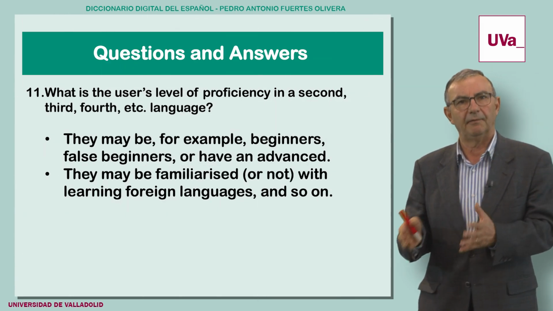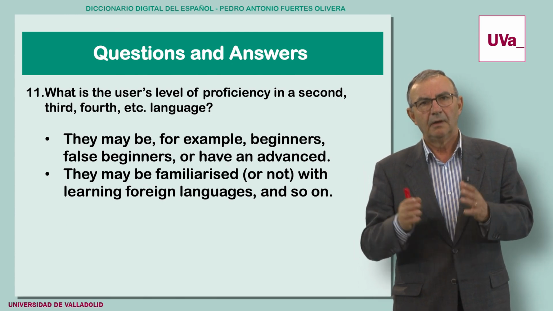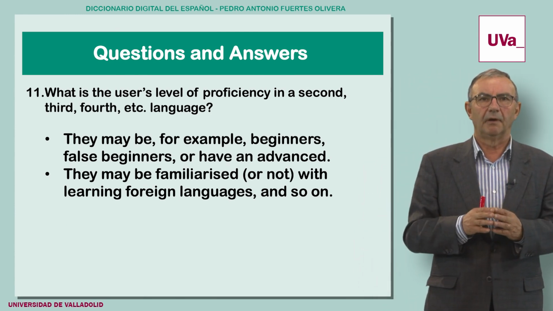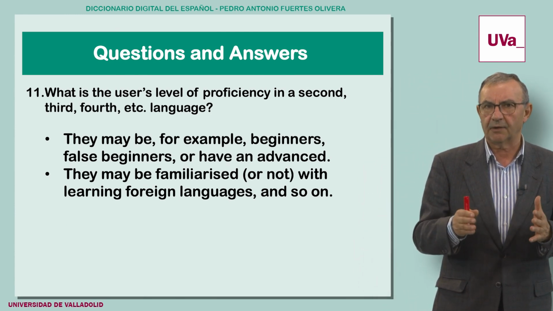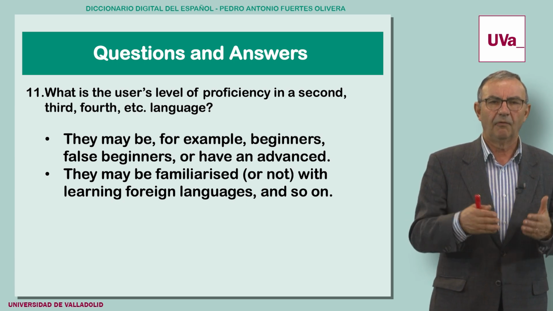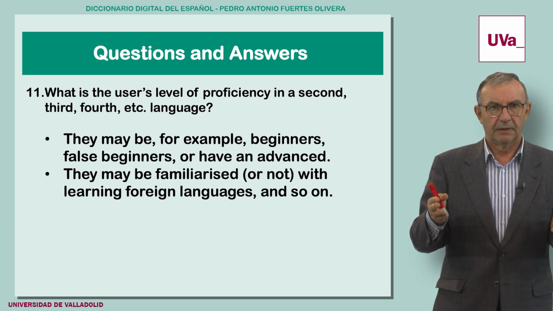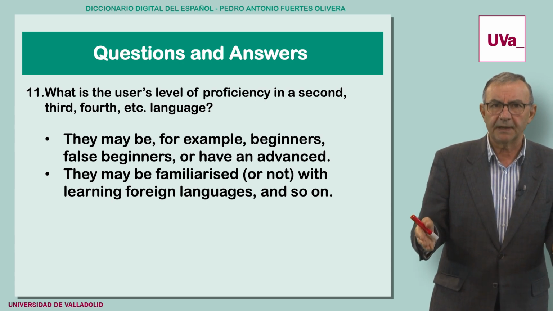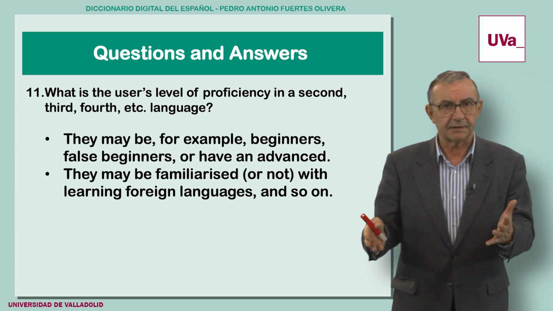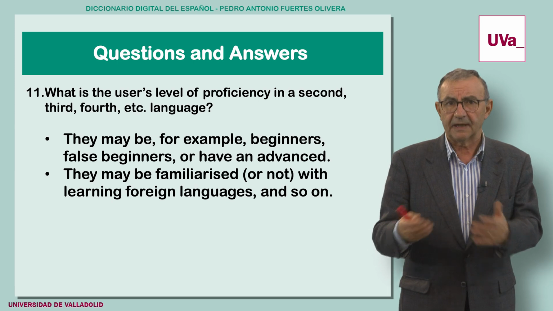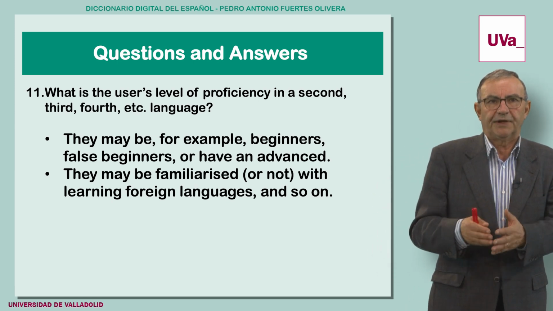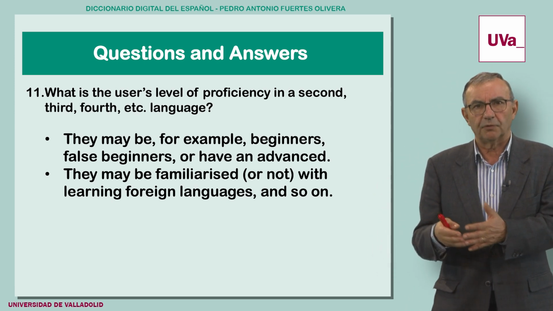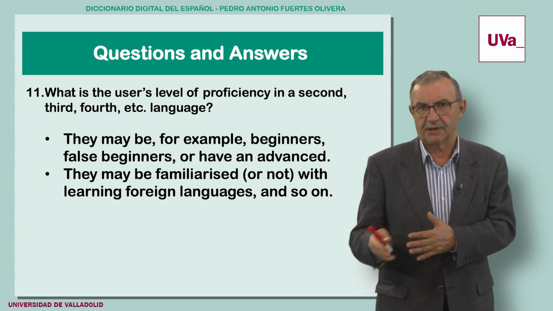Question number 11. What is the user's level of proficiency in a second, third, fourth language? They may be, for example, beginners, or false beginners, or be advanced. Or they may be familiarized or not with learning foreign languages, and so on.